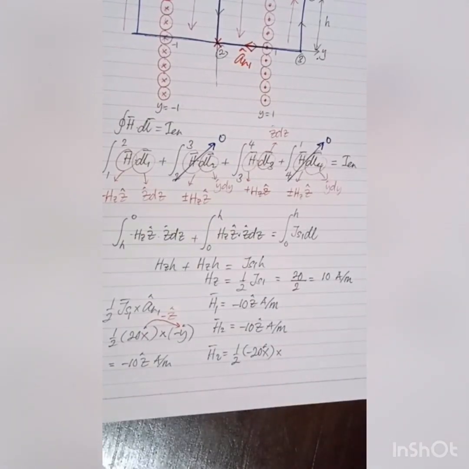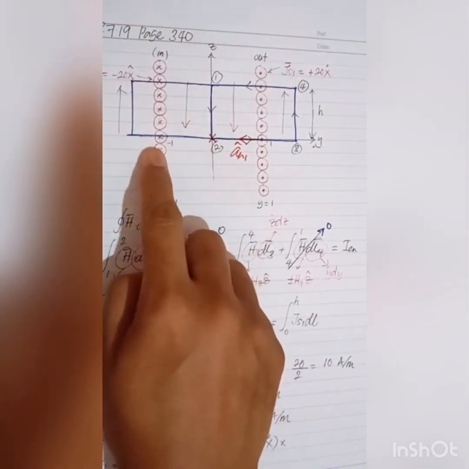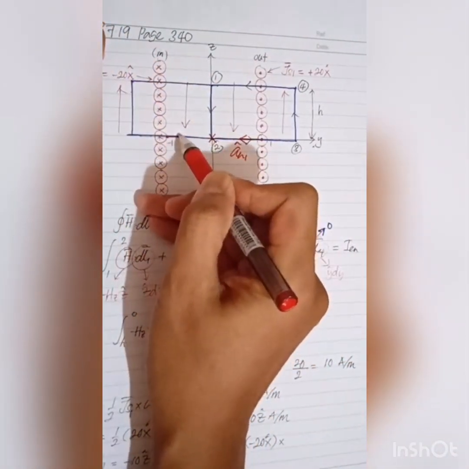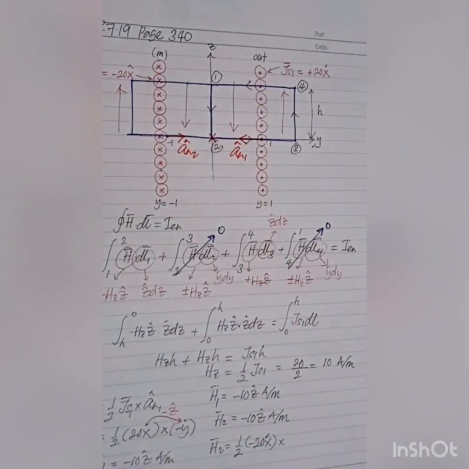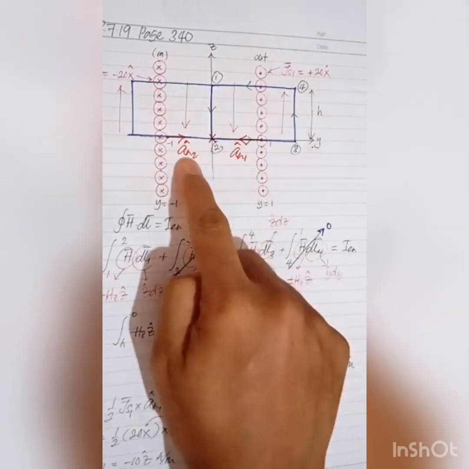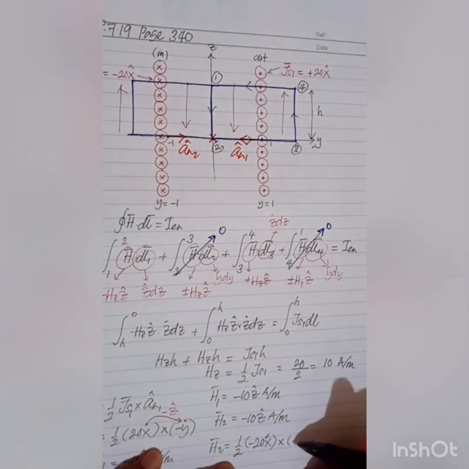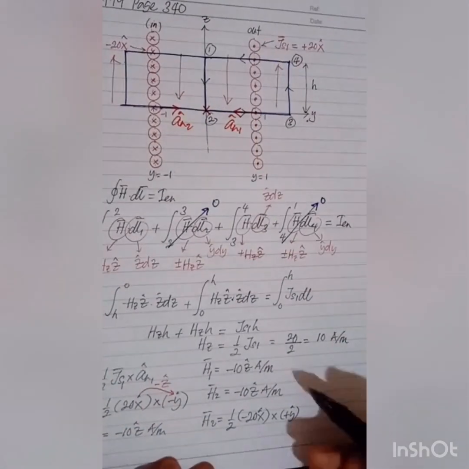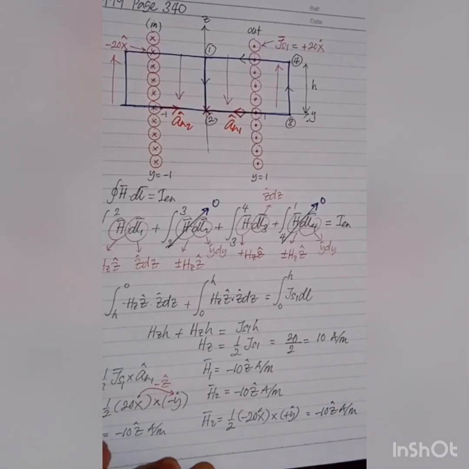Again guys, an must always point from the surface to the point of interest. So that's your surface and that's your point of interest, so an will point that way. That's going to be your an number 2, in the positive y direction. So now we have positive y, and again you get the same result, negative 10 Z ampere per meter.